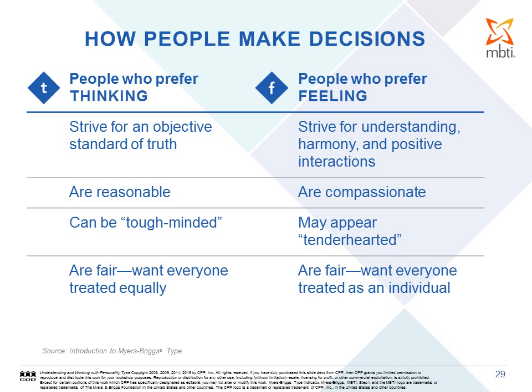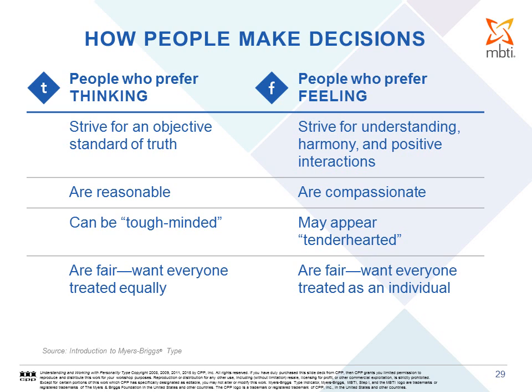Some further differences in how people make decisions. So people who prefer thinking strive for that objective standard of proof or of truth. And people who prefer feeling are looking for understanding, for harmony, for positive interactions. On the thinking side, it's about being reasonable. On the feeling side, it's about being compassionate.